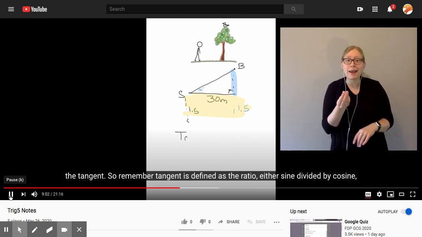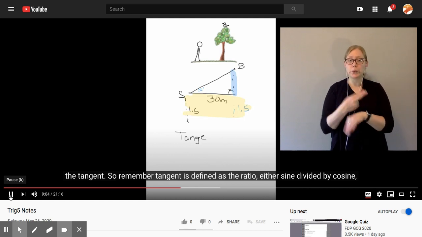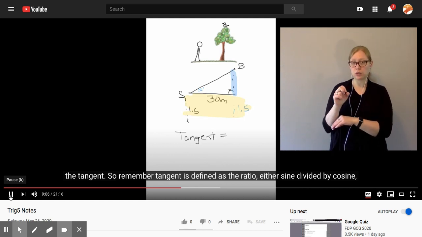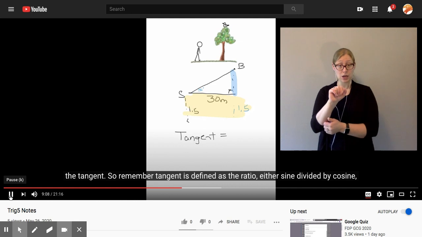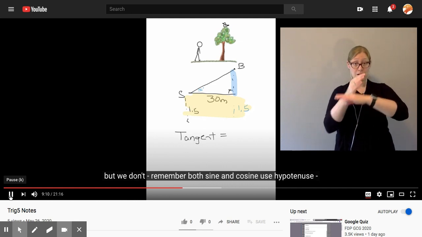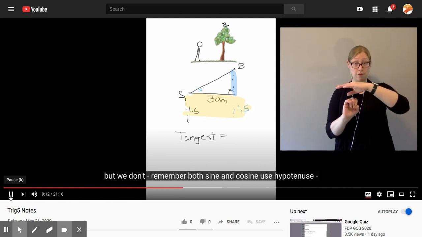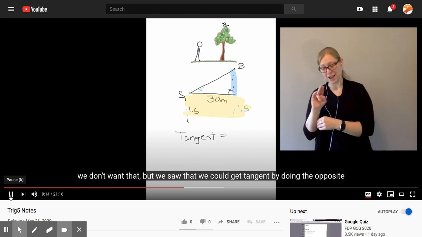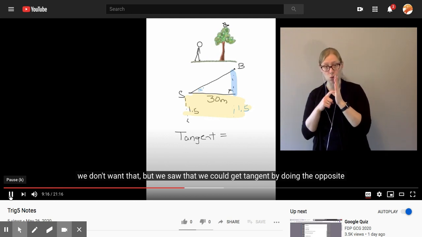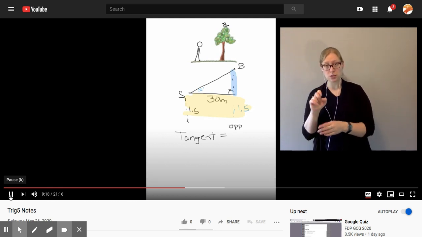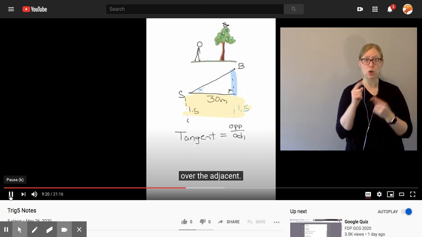Because we're going to use the tangent. So remember, tangent is defined as the ratio sine divided by cosine, but remember, both sine and cosine use the hypotenuse. We don't want that, but we saw that we could get tangent by doing the opposite over the adjacent.